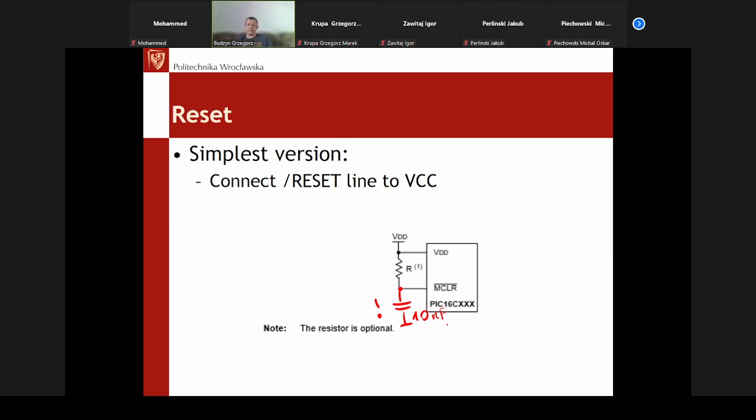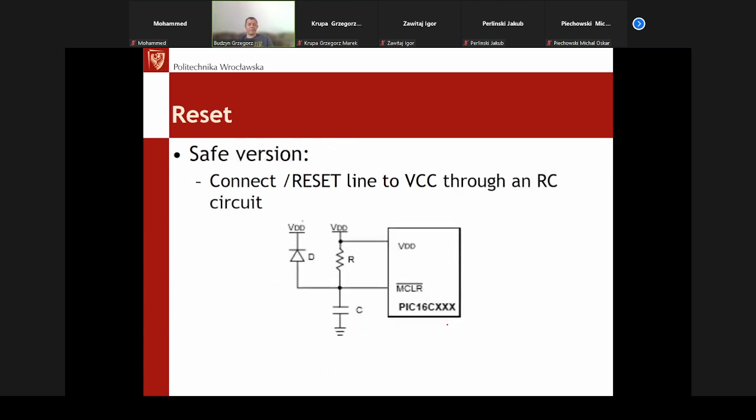They can generate spikes. The spikes may reset the microcontroller. So it's really safer to put a capacitor here without thinking. You know, the resistor is sometimes not necessary, so we can avoid it. That's usually not the problem. But the capacitor is really a good idea to put here.